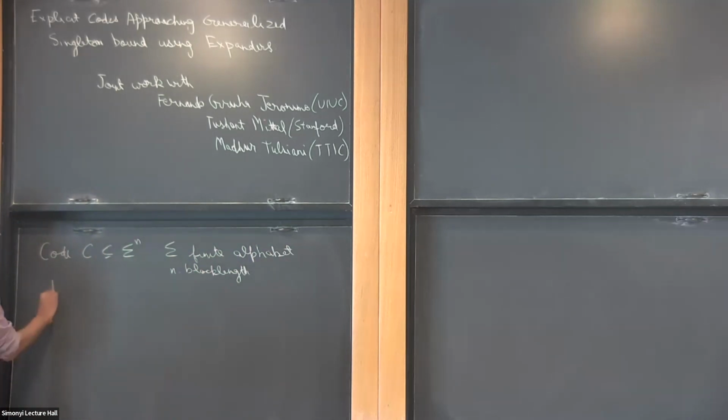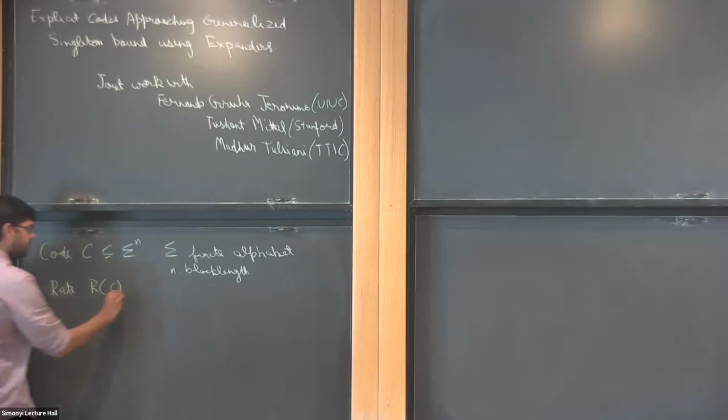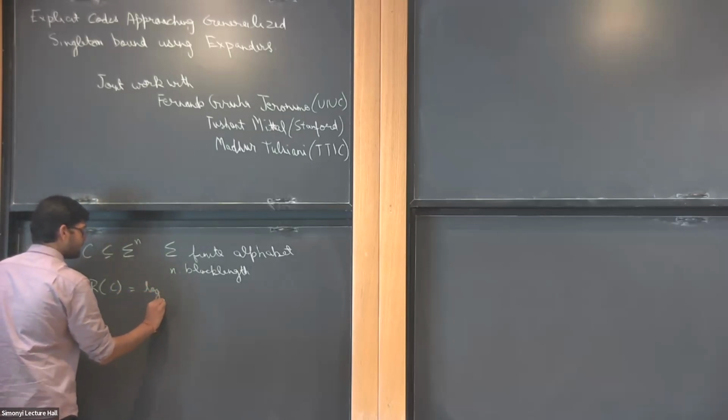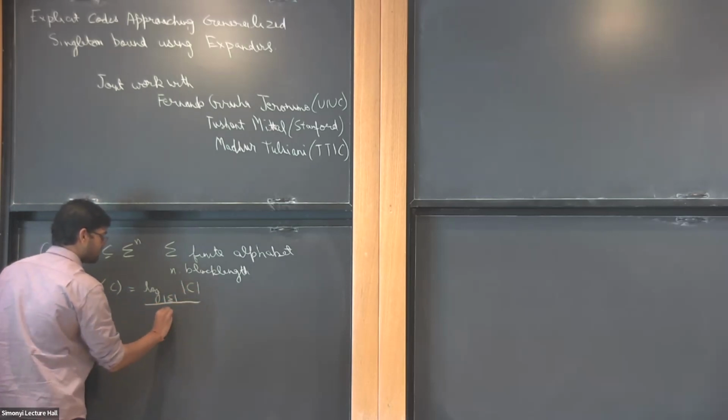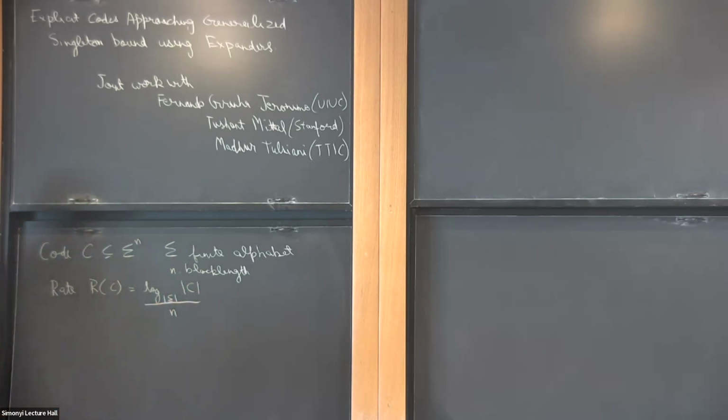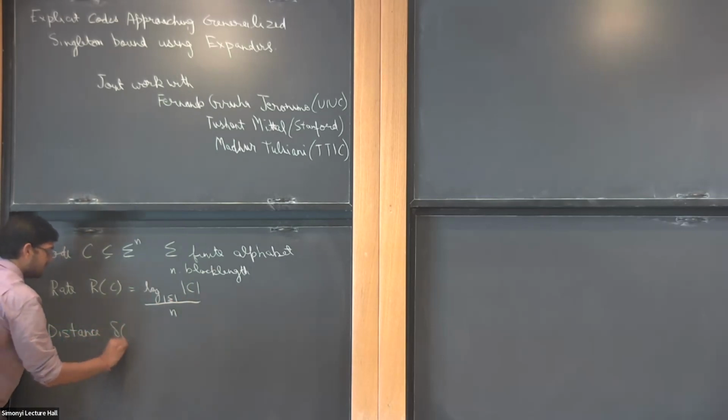The two most important parameters of a code are its rate, which is a measure of how large this set is, relative to the block length n. And the other parameter that is of relevance is the distance delta.